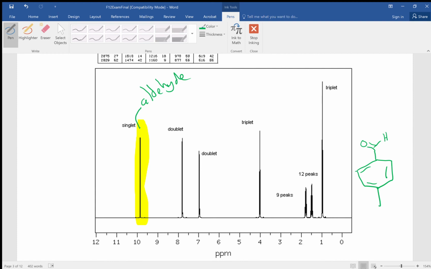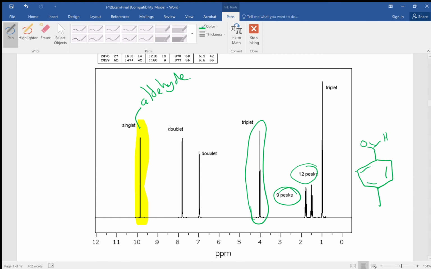But the other thing that jumps out to me are these 12 and 9 peaks. That means we're going to have a proton somewhere that is adjacent to multiple other carbons with hydrogens on them. In addition, we only have this one peak at 4 ppm for a carbon next to an oxygen.